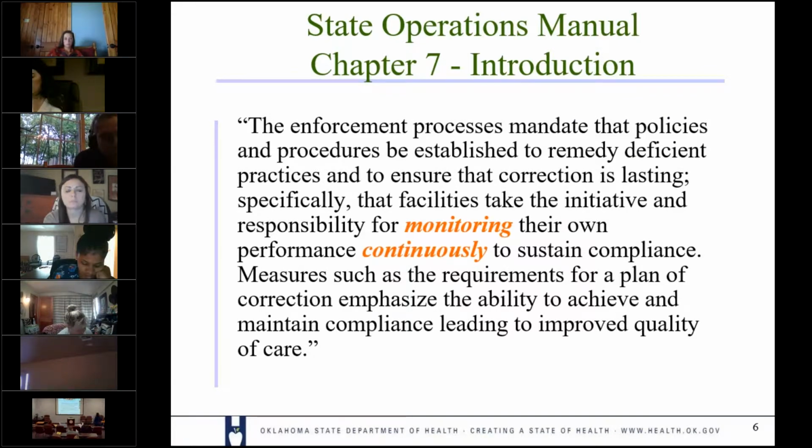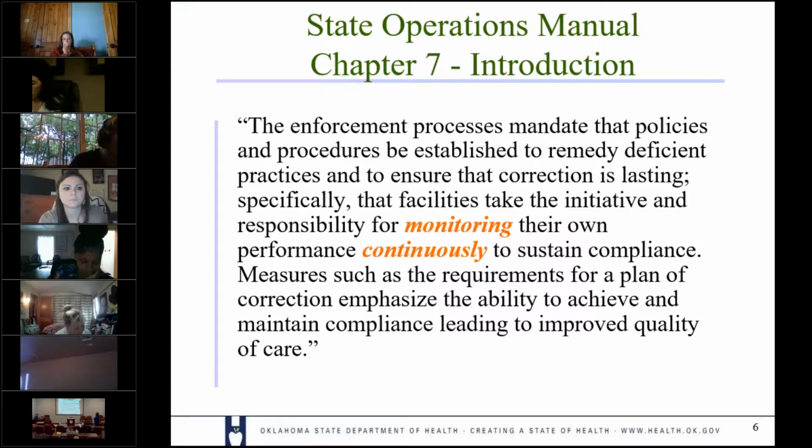The enforcement processes mandate that policies and procedures be established to remedy deficient practices and to ensure that correction is lasting. Specifically, facilities take the initiative and the responsibility for monitoring their own performance continuously to sustain compliance.